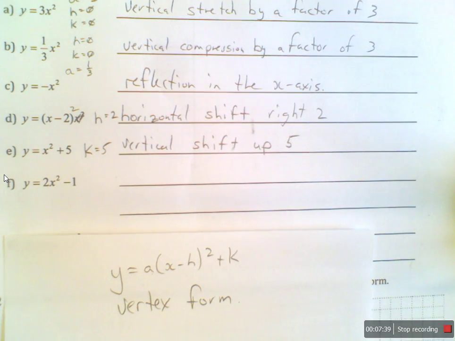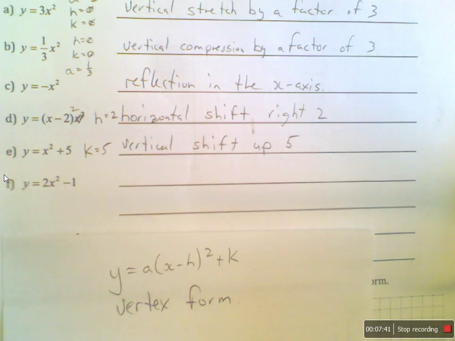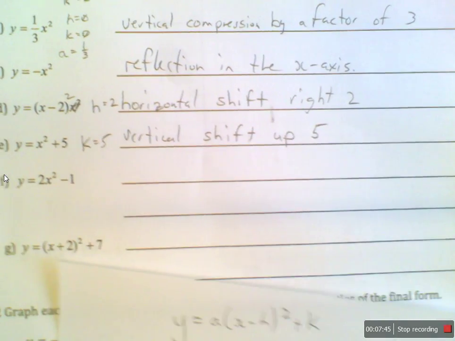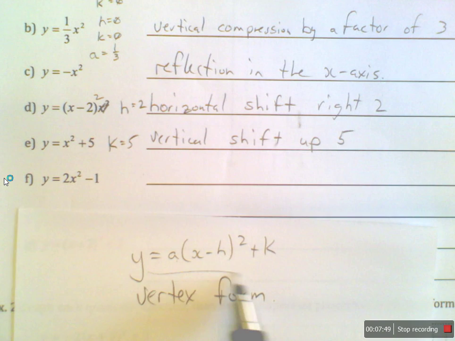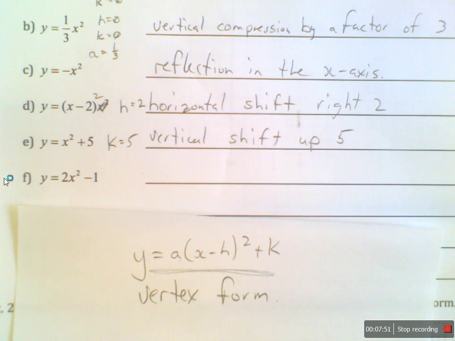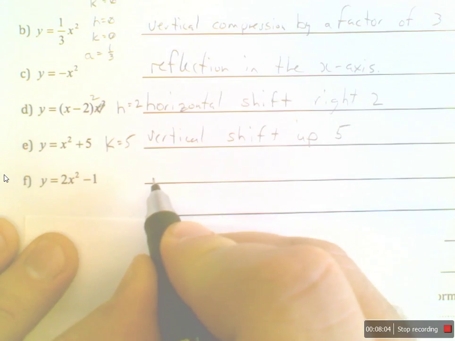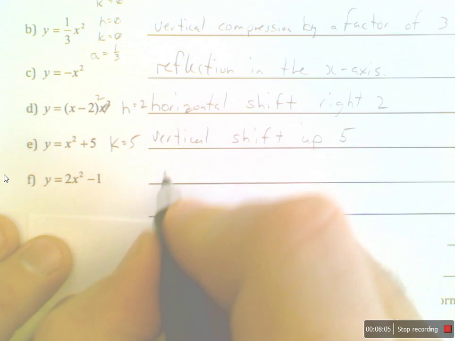Okay, and then a couple where you've got multiple things going on. So again, if I compare it to my vertex form, just the general version, what's happening here? I've got a 2, I've got the x squared, that's fine, and I've got a -1. Perfect.